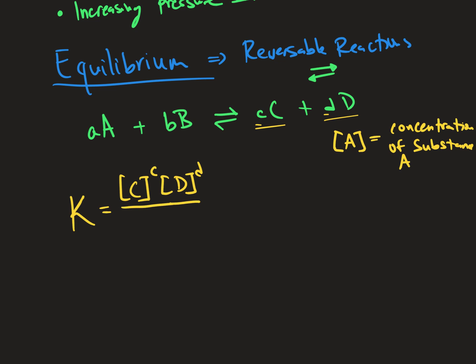So you take the concentration of C and raise it to the coefficient of C. And you're going to divide that by the concentration of the reactants raised to their coefficient powers, multiplied together.